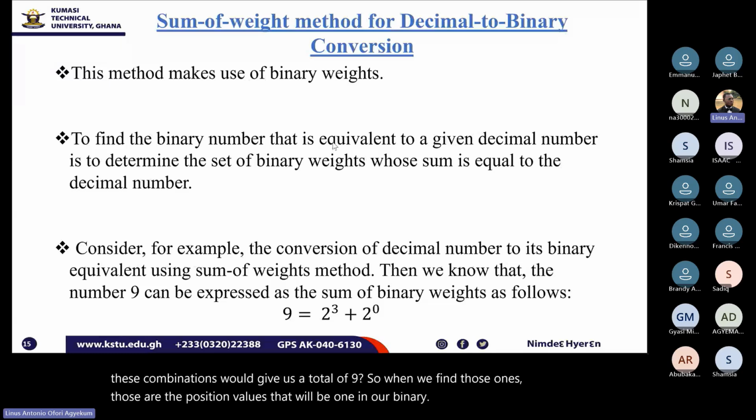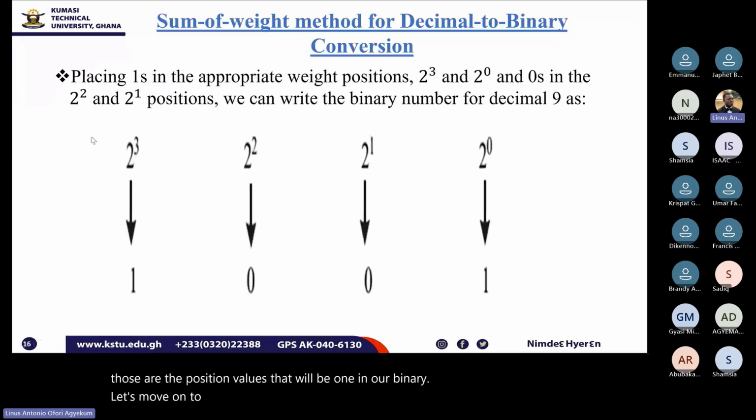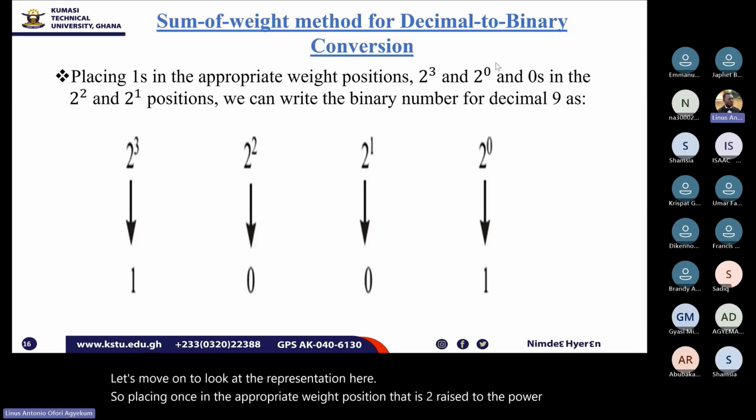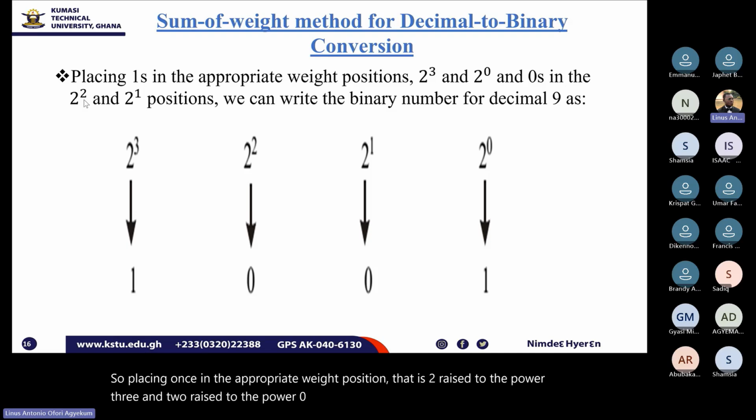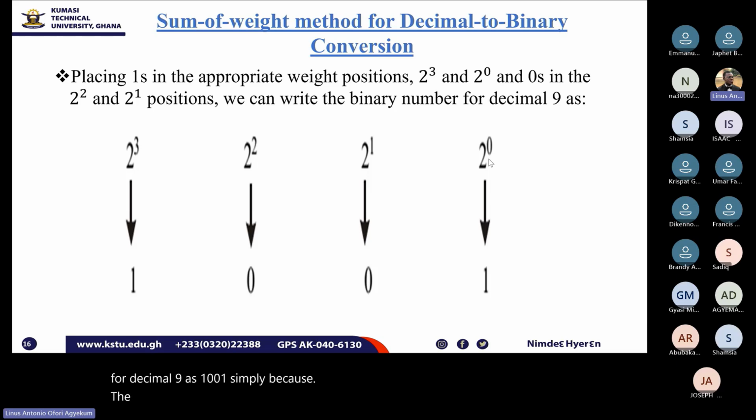So let's move on to look at the representation here. Placing ones in the appropriate weight positions, that is 2 raised to the power 3 and 2 raised to the power 0, and zeros in the 2 raised to the power 2 and 2 raised to the power 1 positions, we can write the binary number for decimal 9 as 1001, simply because the least significant bit, which is 2 raised to the power 0, would result in a 1.